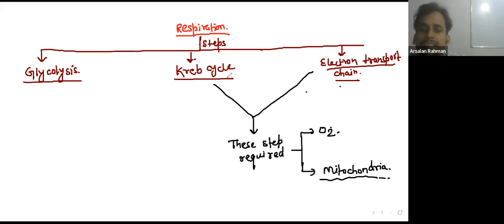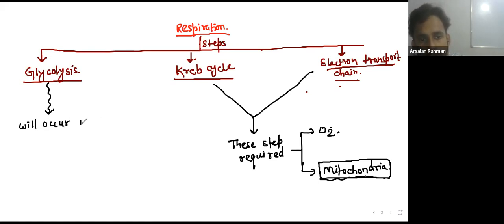So where will the Krebs cycle and electron transport system occur? In which organelle, inside which part of the cell? Mitochondria. And where will glycolysis occur? Glycolysis will occur in the cytoplasm of the cell.